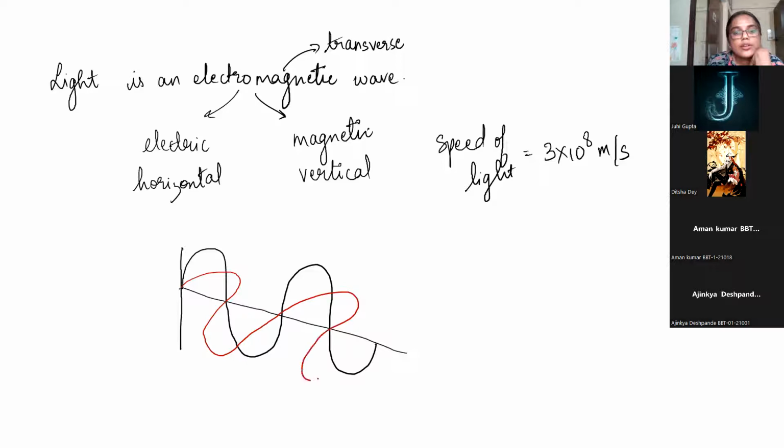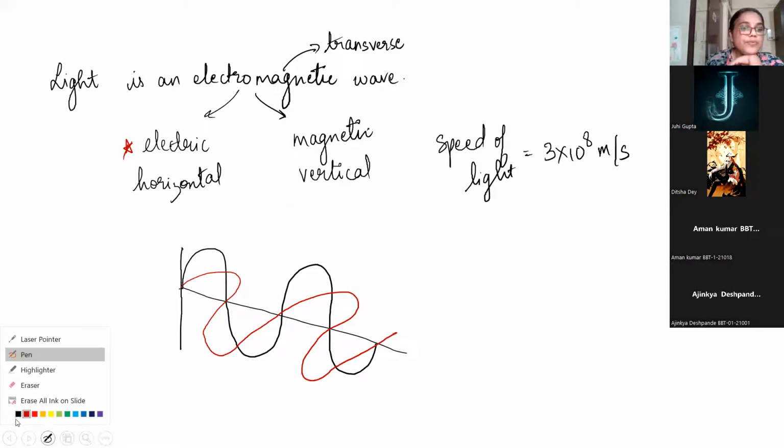Okay, so you will see now that the red one is the horizontal one, which is the electric component. And the black one is a vertical one, which is the magnetic component. Is it clear?